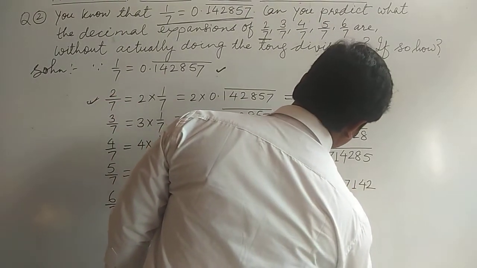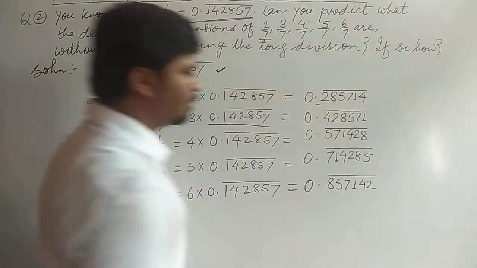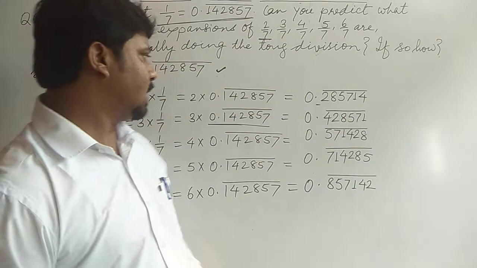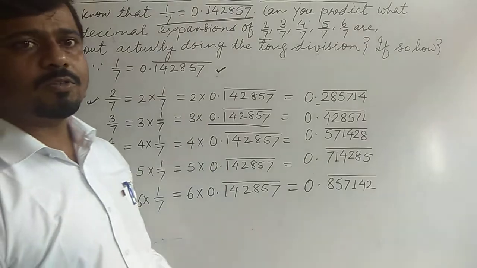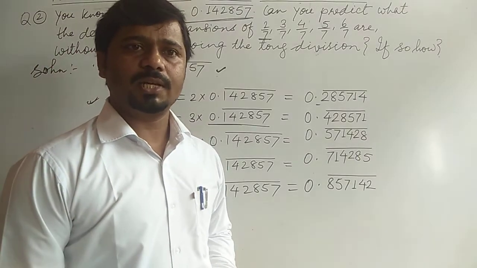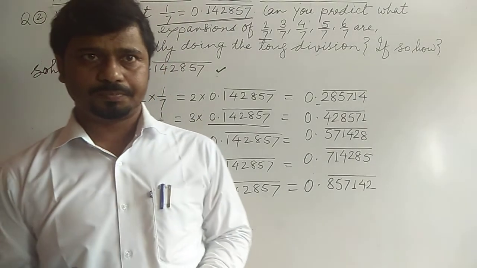So 0.857142. So these are the values. We got all the values without dividing. So you can see. Okay, next question.